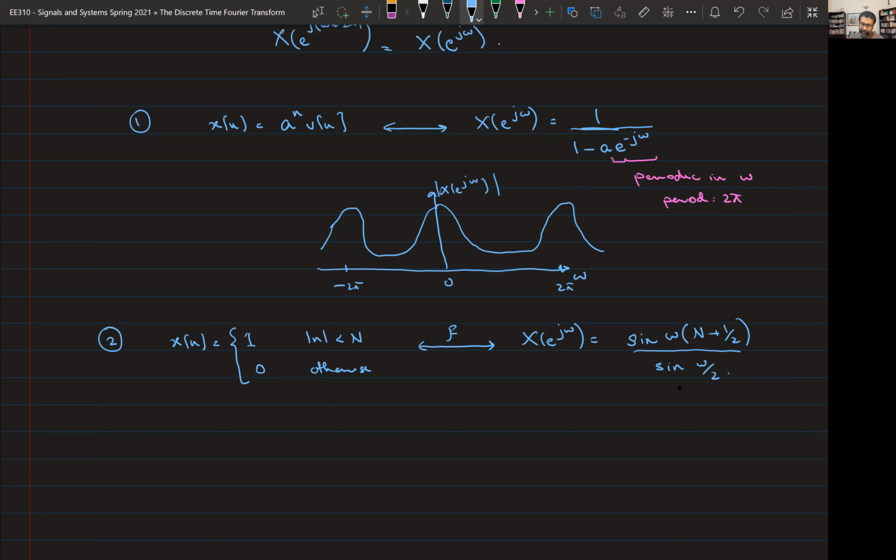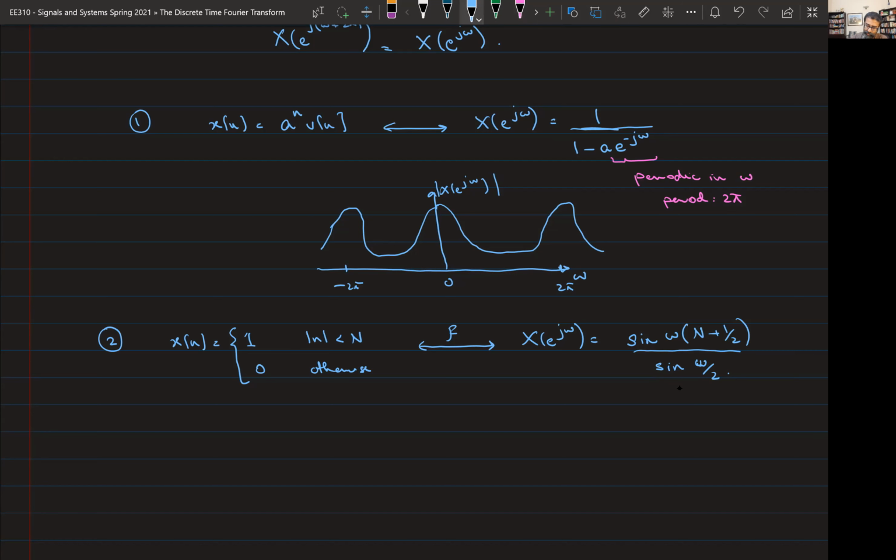But if I inspect a little, I see that this is actually not periodic with a period of 2 pi, but rather with a period of 4 pi. Is that not so? Because this is omega by 2, so this must be periodic with a period of 4 pi. It cannot be periodic with a period of 2 pi. It turns out that the numerator and the denominator in conjunction are going to have a role to play. And I can check whether that is true or not.